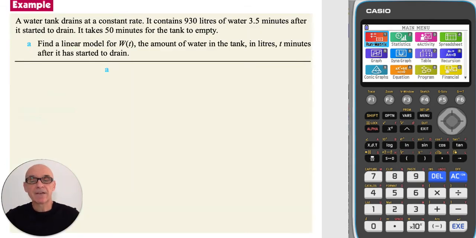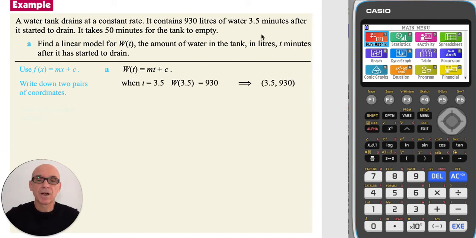In part A of this question, we're asked to find a linear model for W, the amount of water in the tank t minutes after it has started to drain. So we begin by writing the linear model function using W and t as the variables, then using the information given, writing down two pairs of coordinates.